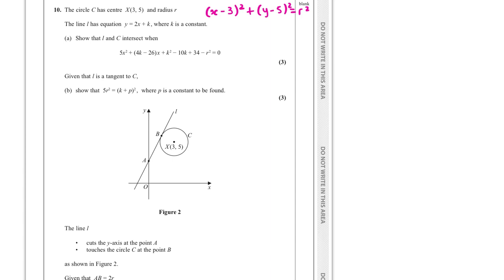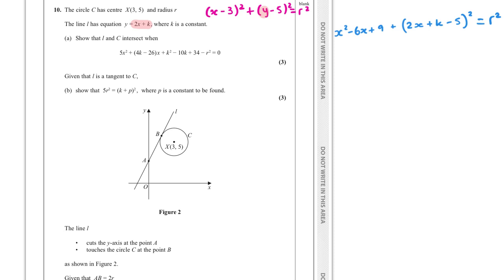Now, if they intersect, okay, simultaneous equations, yeah, we can use substitution. We can substitute 2x plus k everywhere there is a y, and you can clearly see that they've expanded. So let's have a go. So x minus 3 squared is x squared minus 6x plus 9 plus 2x plus k minus 5 squared equals r squared.